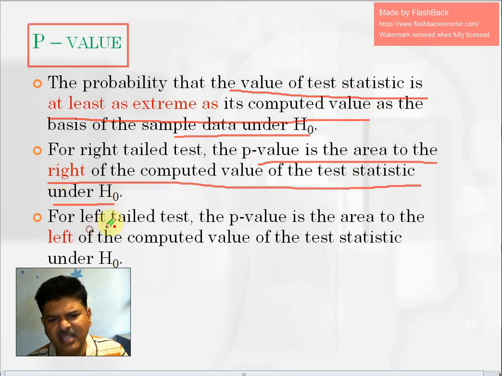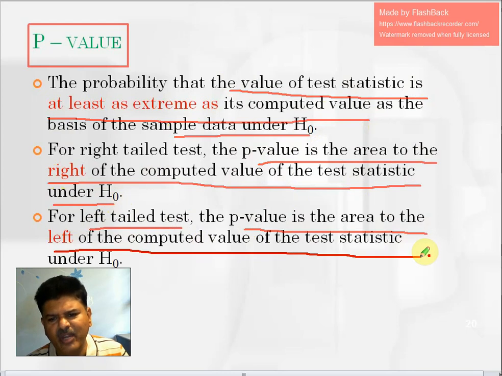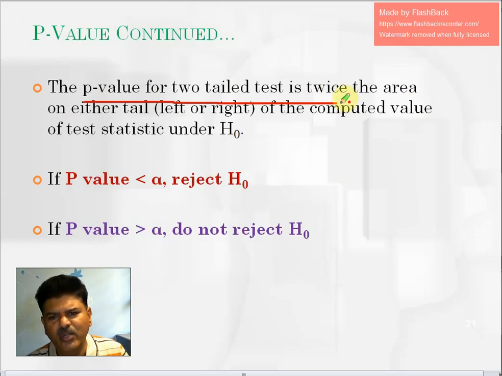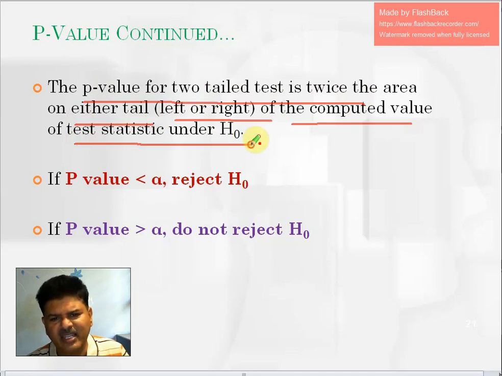For a left-tailed test, the p-value is the area to the left of the computed value of the test statistic under H naught. The p-value for a two-tailed test is twice the area on either tail, left or right, of the computed value of the test statistic under H naught.